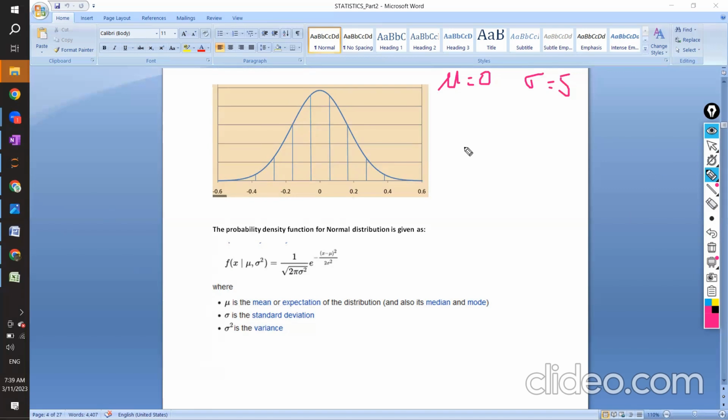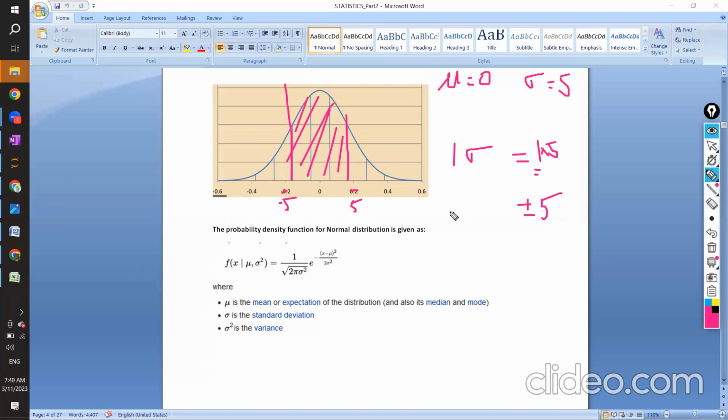When someone asks for one standard deviation, that means 1 into 5, plus or minus 5. If this is 5 and this is minus 5, then from here to here this area will be the one standard deviation region.